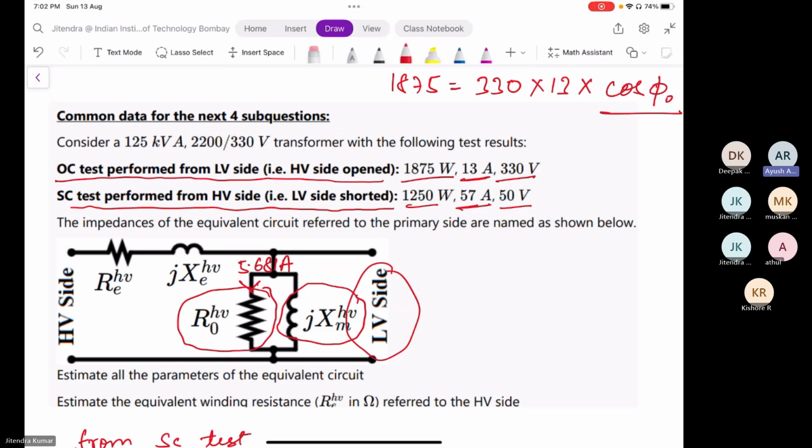Then we can easily calculate Xm1 is equal to voltmeter reading upon ammeter reading I naught into sin phi naught. From here we can calculate Xm, referred to the LV side.